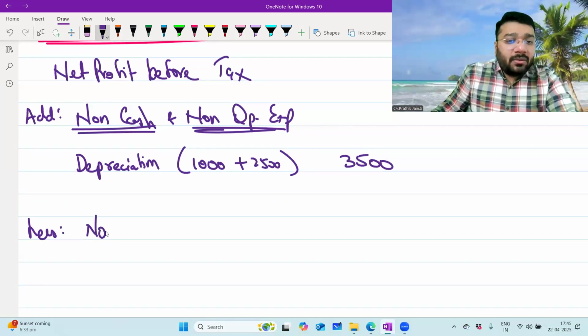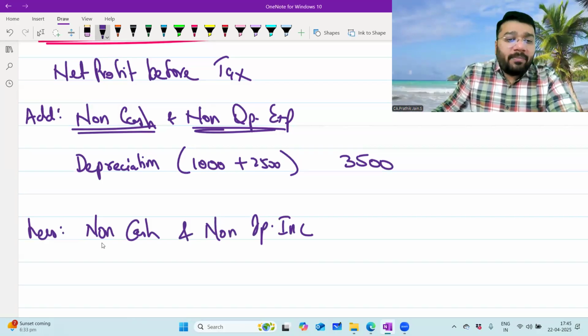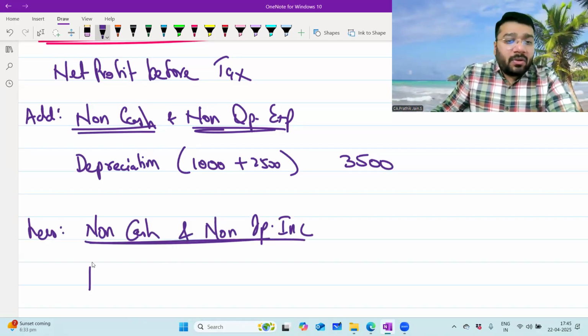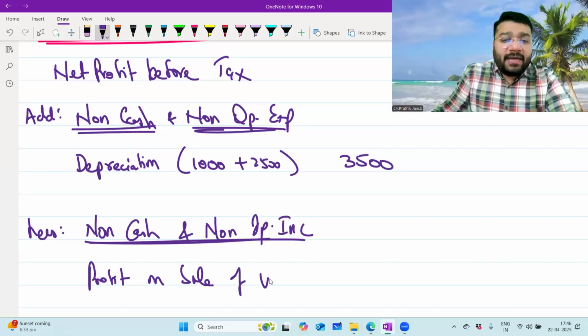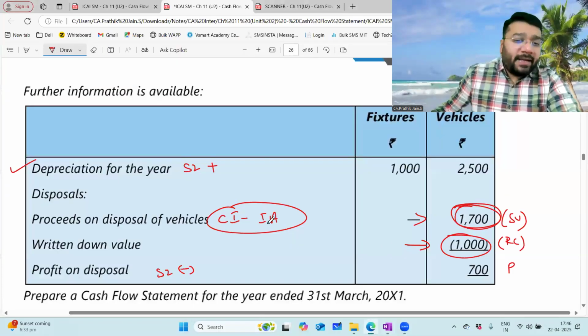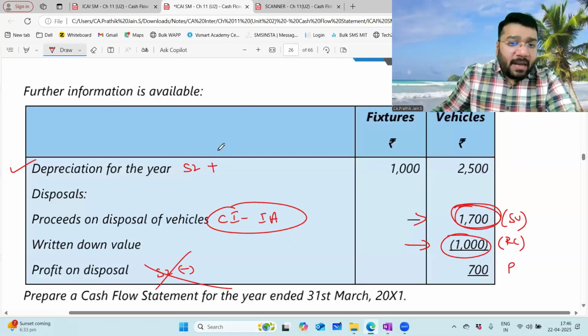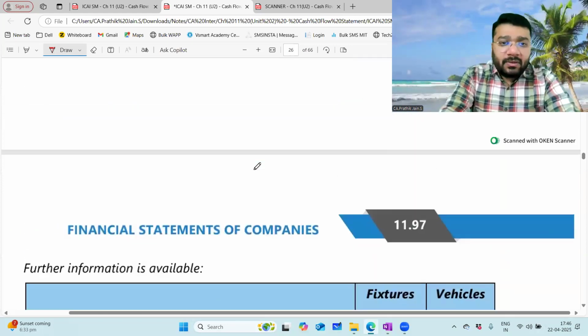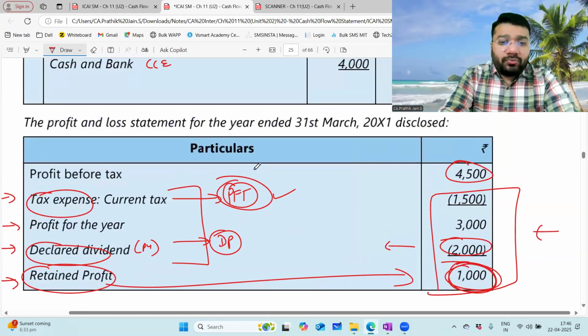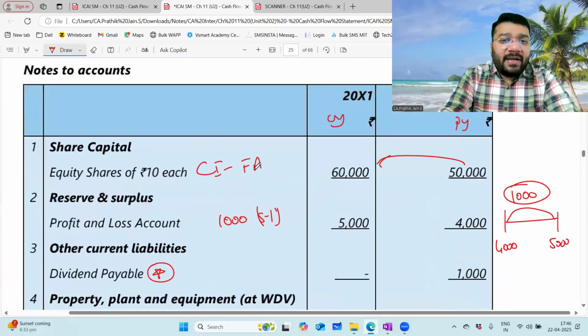So now, leave two lines, and add non-cash and non-operating income. Non-operating income. One is profit on sale of vehicle. How much? 700. Segment 2 is taken care of. So I'm discarding this. I'm discarding this also. Anything else affecting my segment 2?